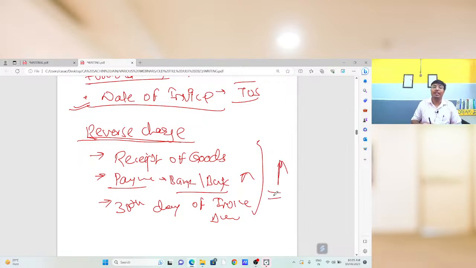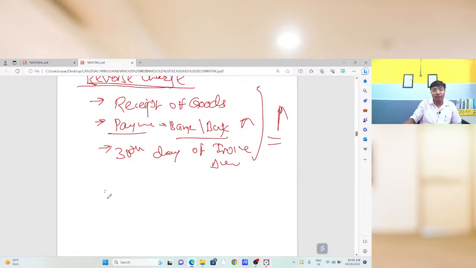Suppose in case of reverse charge mechanism, I received the goods on 20th July 2023, that is my receipt of goods. Okay, on this day I received my goods, and I had made the payment on 25th of July.